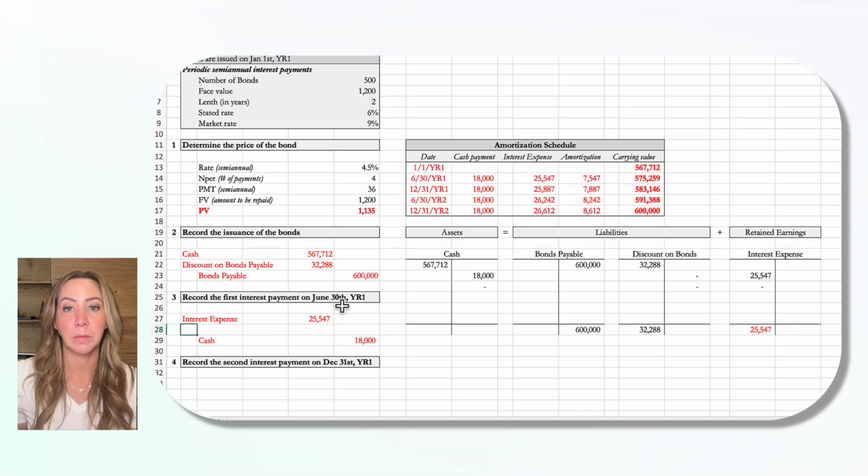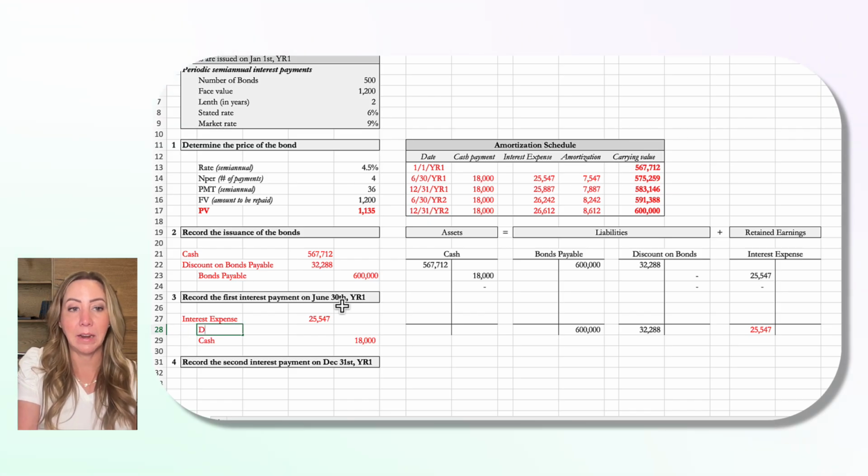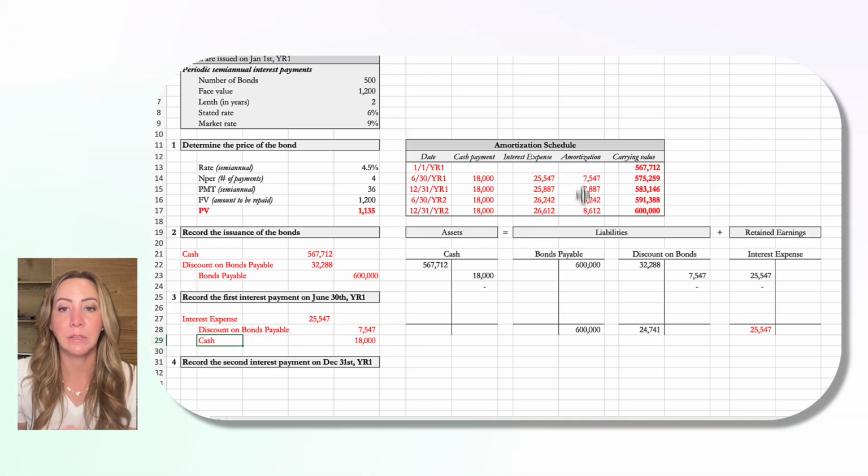Well, my amortization table told me exactly how much to put into my first interest payment. So I'm going to take it out of the discount on bonds payable account by crediting that account for $75.47. And now you can see that I've moved some of this $32.88 from that contra liability account over into interest expense, totaling an interest expense that actually reflects the effective rate of interest.